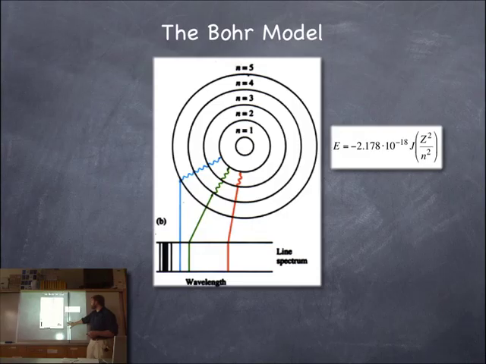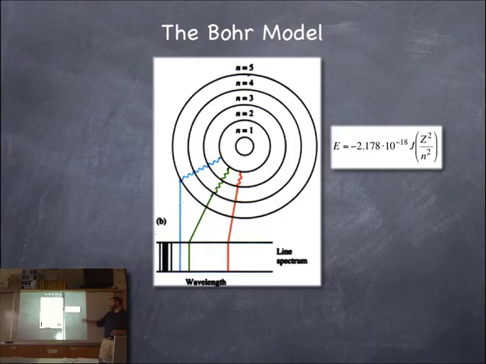He comes up with an equation to describe the energy that an electron has based on the energy level. How close to the nucleus are you? 1 being the closest you can get, 2 being the next closest, 3, 4, 5, and so on. And Z is the effective nuclear charge, the effective charge in the nucleus.